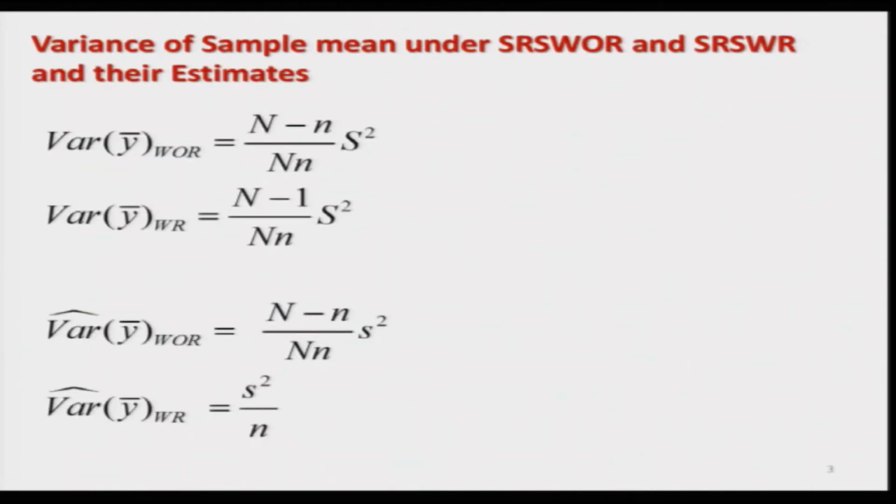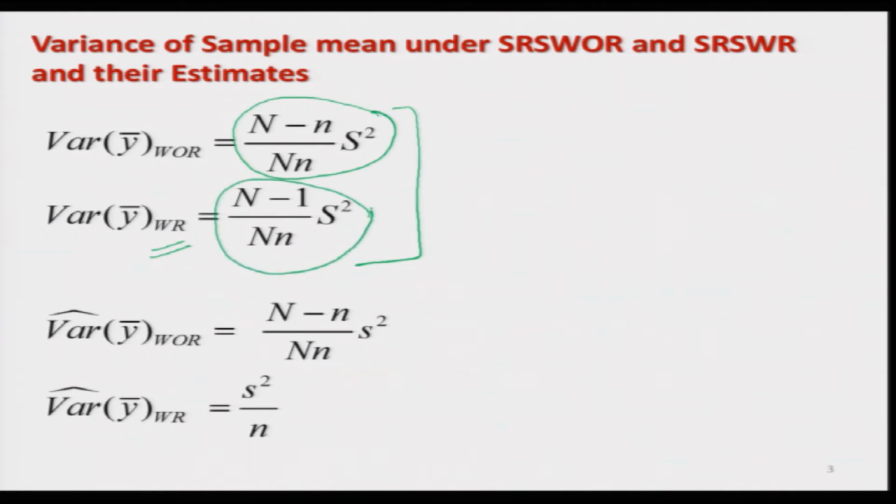Okay. And you had seen that we had estimated the variance of y bar, that is the sample mean, under WOR and WR, and those expressions are here: capital N minus small n divided by capital N into small n times S square. And for the variance of y bar under WR, this is capital N minus 1 upon capital N into small n times S square.